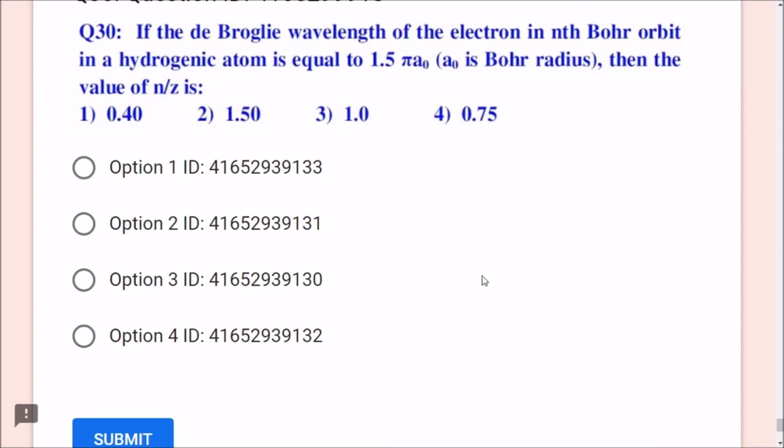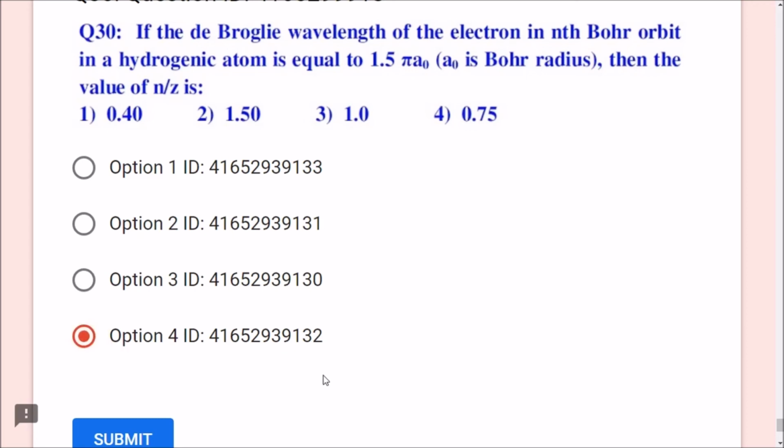Next, question number 30. If the de Broglie wavelength of the electron in the nth Bohr orbit in a hydrogenic atom is equal to 1.5 pi a0, that is Bohr radius, then the value of n by z is, dear friends, 0.75. How does it come?